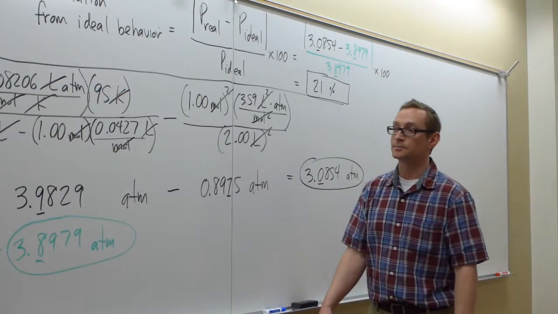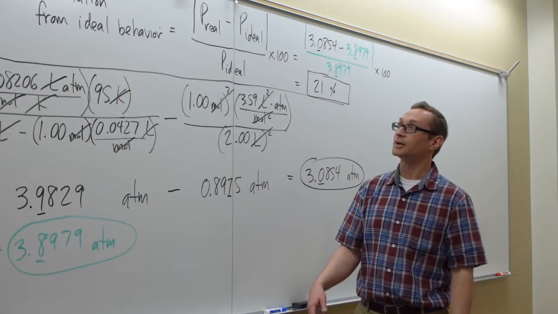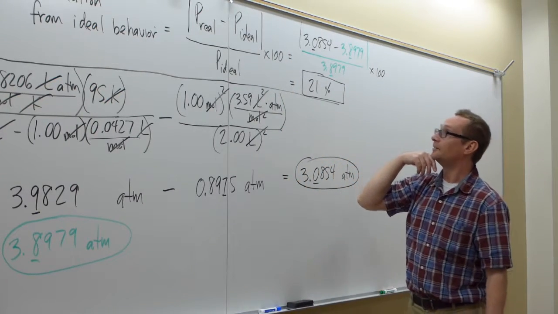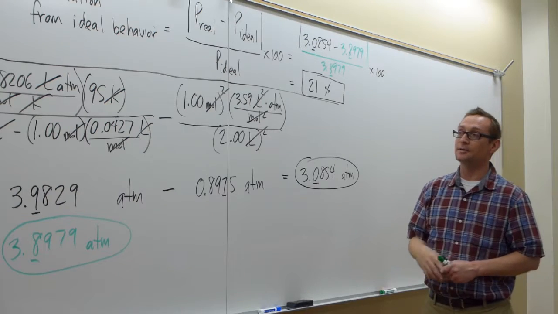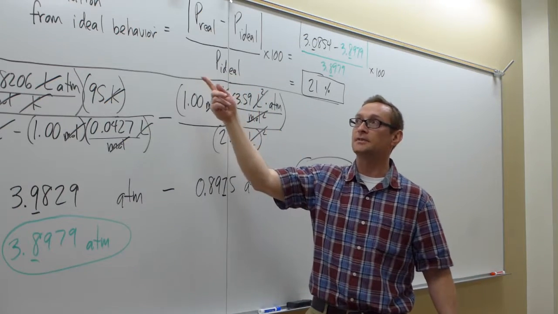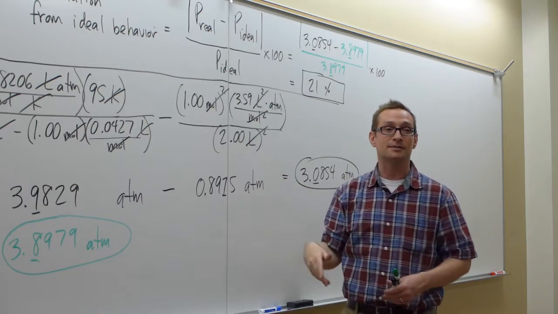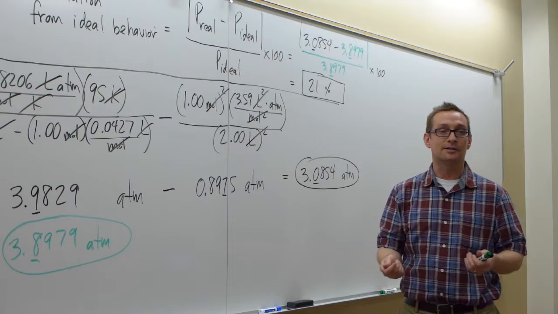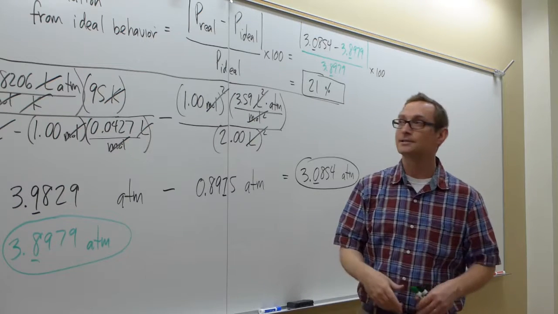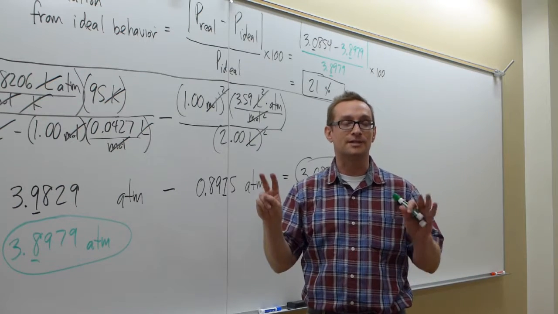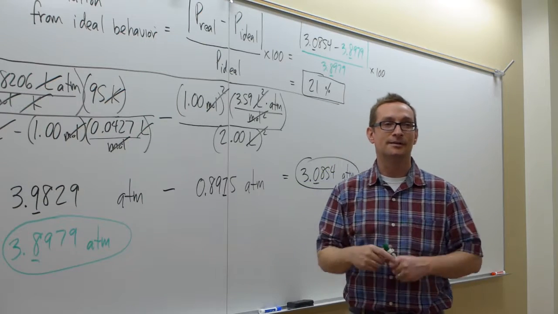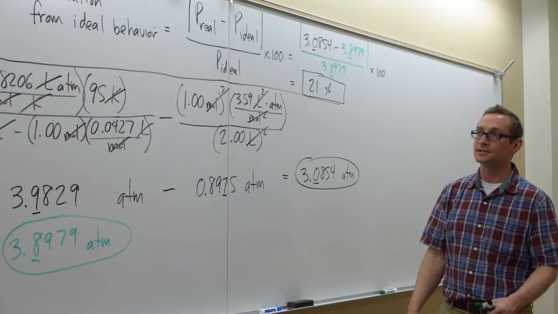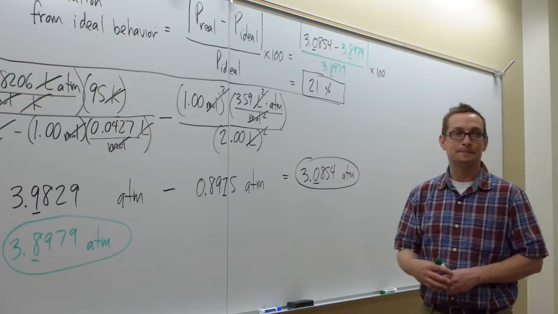And we just took the difference between the ideal and the real pressure, the absolute value of that, and then divided by P ideal. We always divide by P ideal because it's percent deviation from that. So that's why we have P ideal in the bottom. It's just like percent relative error in our error analysis. It's always relative to the trusted value or the accepted value. The ideal value is kind of like that in this case. It's not accepted, but it's relative to that.